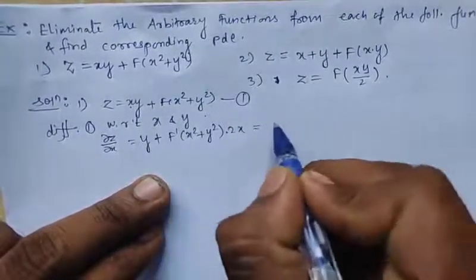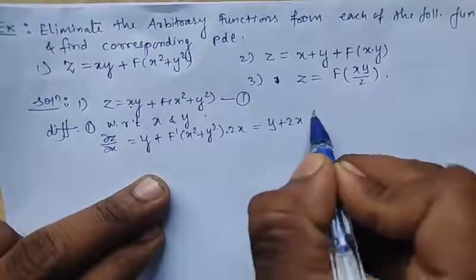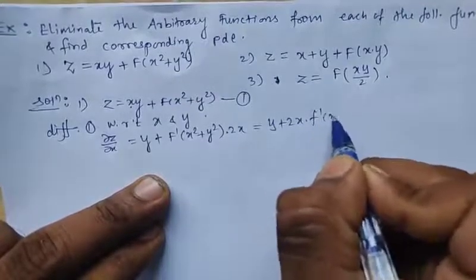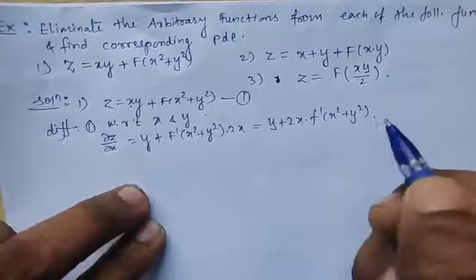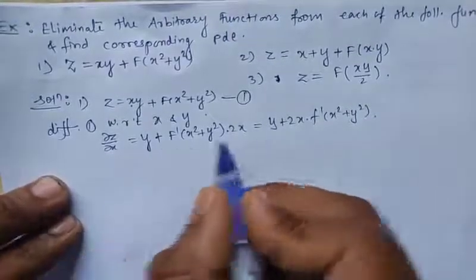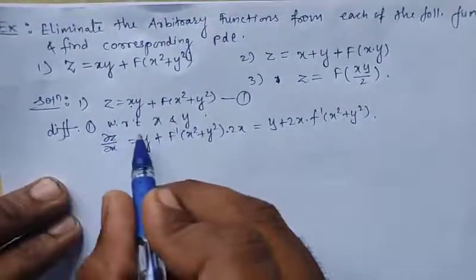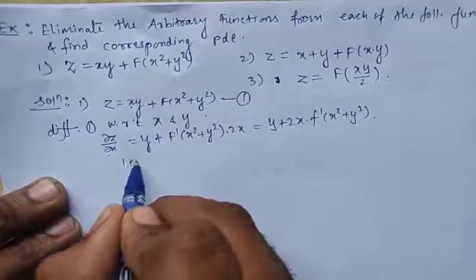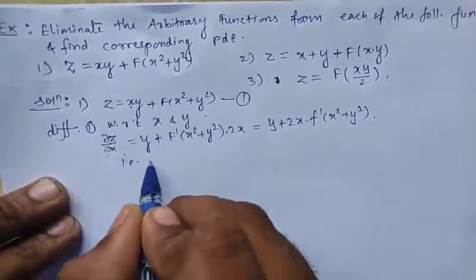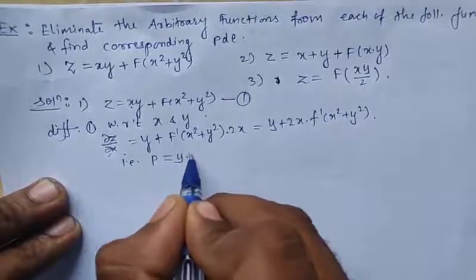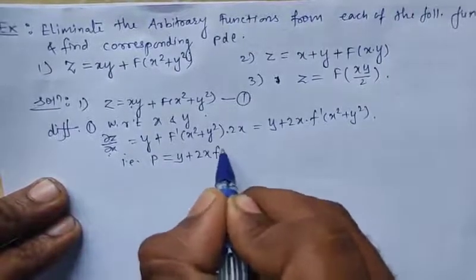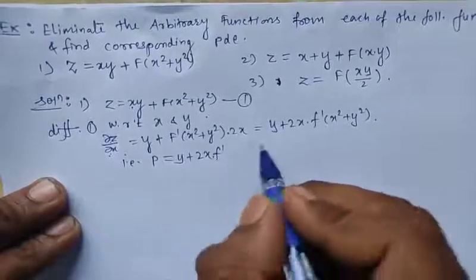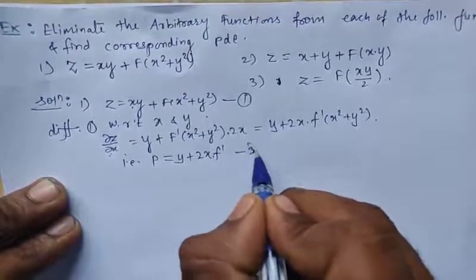So this is y plus twice x into f dash of x square plus y square. Now del z by del x has value p is equal to y plus twice x into f dash. Okay, so this is equation number 2.